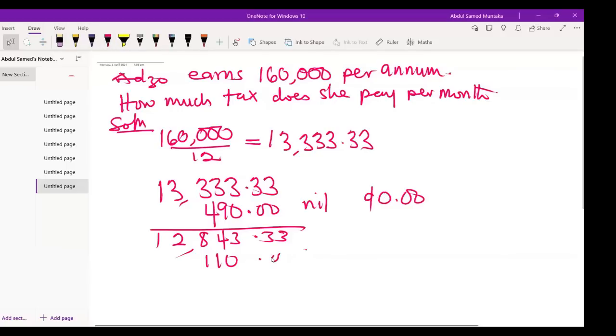So this is at 5%. 5% of 110 is 5.5. Yes, okay, thank you.